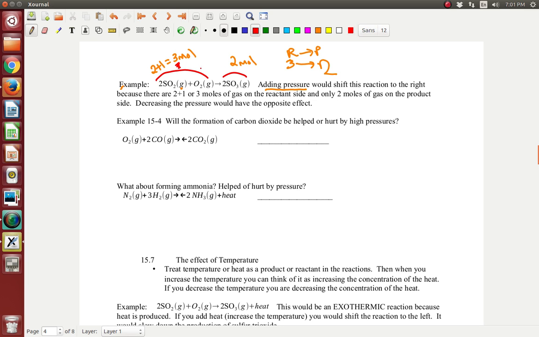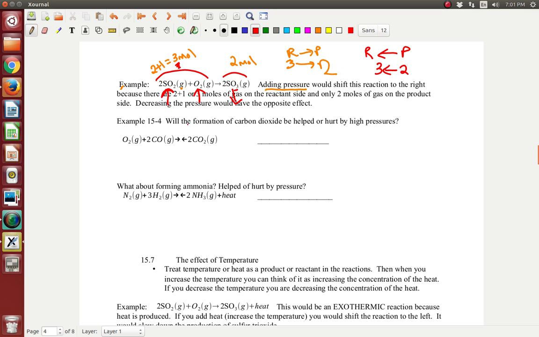If I decrease the pressure, it's going to do the opposite. So in this case, if I decrease the pressure, it's going to shift from the product side to the reactant side, and that means I'm going to increase how much SO2 and O2 I have, and I'm going to use this SO3 up to make these other 2 guys, because this is going to fall apart.